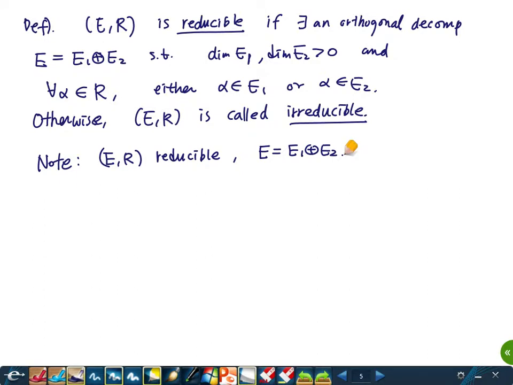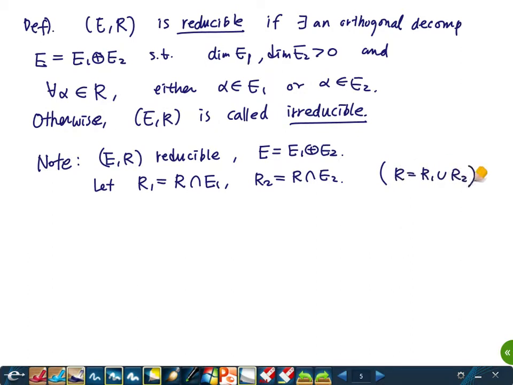Let R1 be the intersection of R with E1, and R2 be R intersect E2. Then by the assumption, R is the union of R1 and R2, because everything must be in one part, not a combination. For instance, if this is E1 and this is E2, then a root must lie along one of them, like A1. We cannot have a root like this. That is what the condition is saying. We always have roots like A1 cross A1.